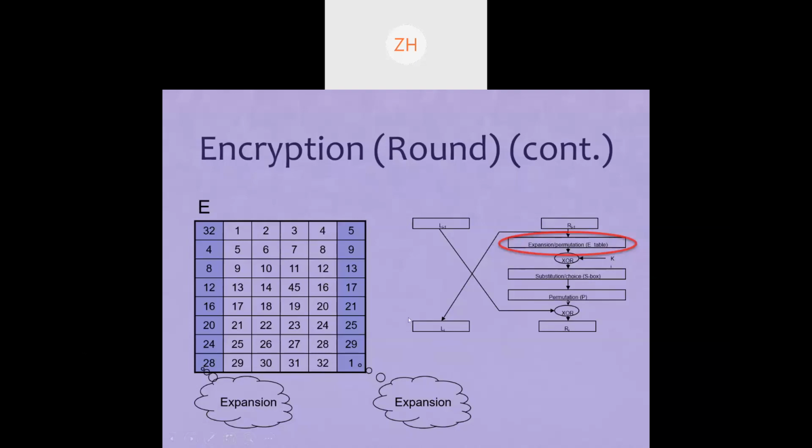So that's why they duplicate bit 1 here to be the last bit. Same goes for the first row just now, because the bits start with bit 1, so they duplicated bit 32. So how many extra bits have been added now?